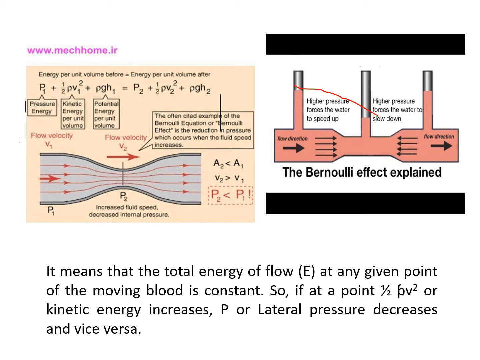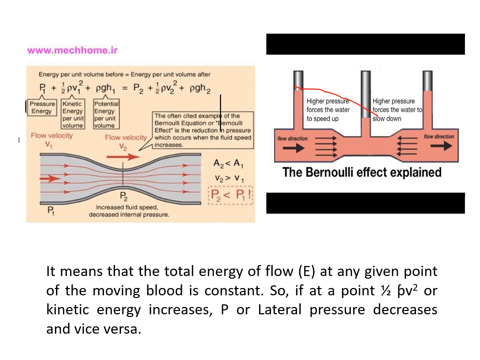picture or graph. Here we can see that at the middle portion the tube is narrowed, because the total cross-sectional area is reduced in this area. This means at the central part of this tube the velocity of blood will be increased. That means the half rho V squared, or kinetic energy component, is increased.